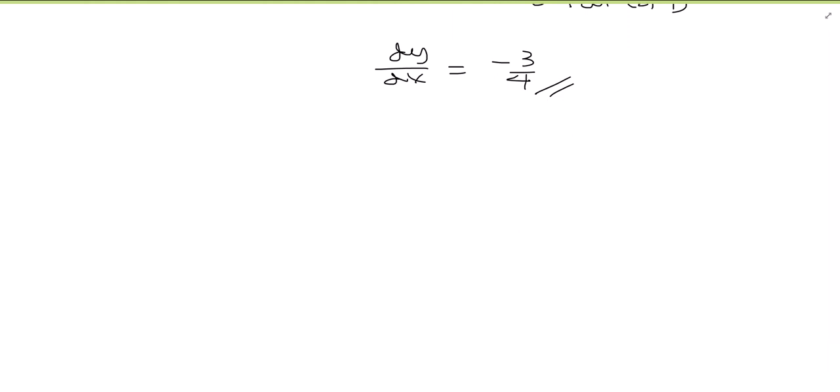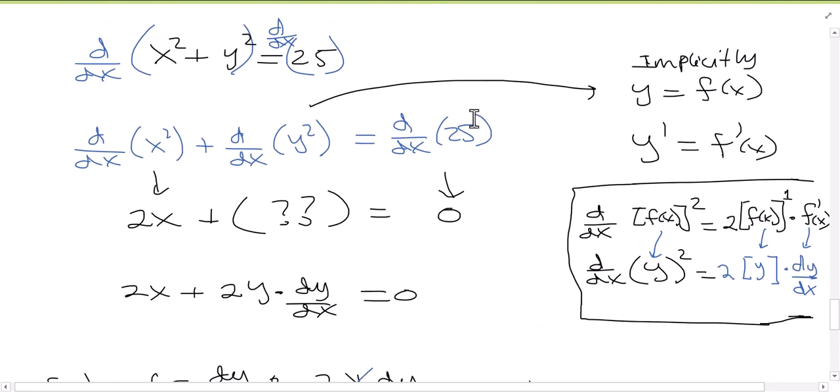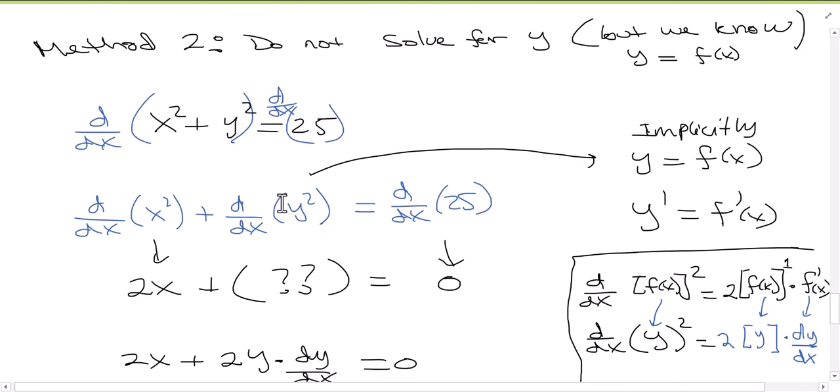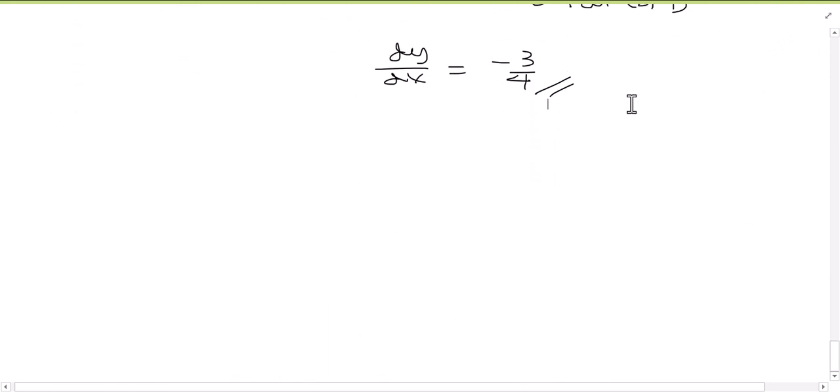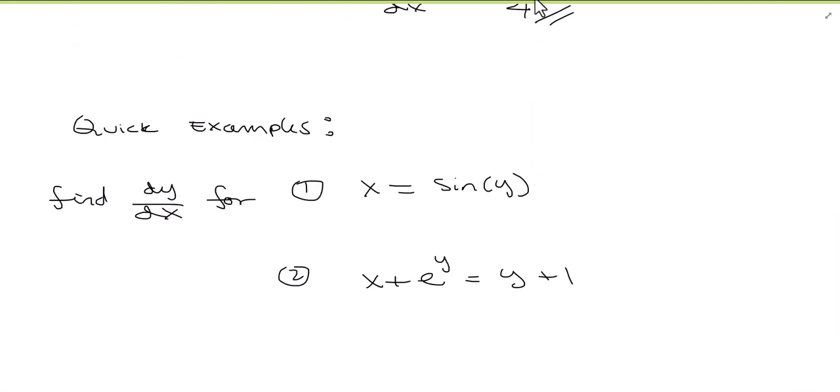Let's practice some quick implicit derivatives so that you get an idea of what taking the derivative of y implicitly means. All right, let's try these two quick examples. Find dy/dx for these two.